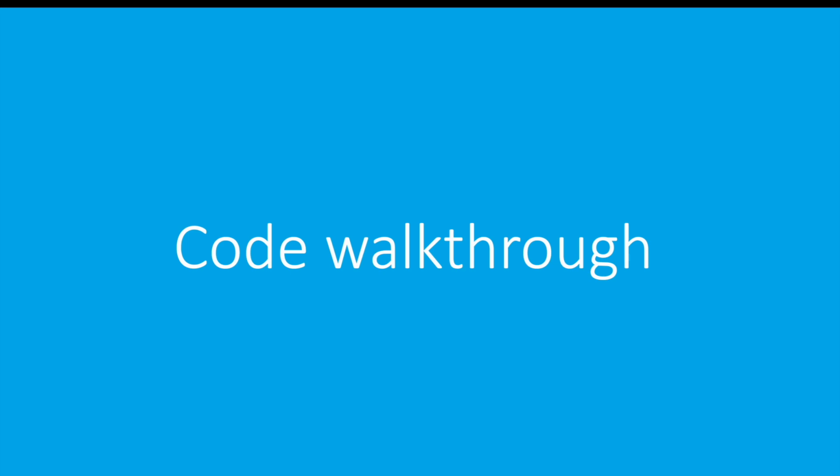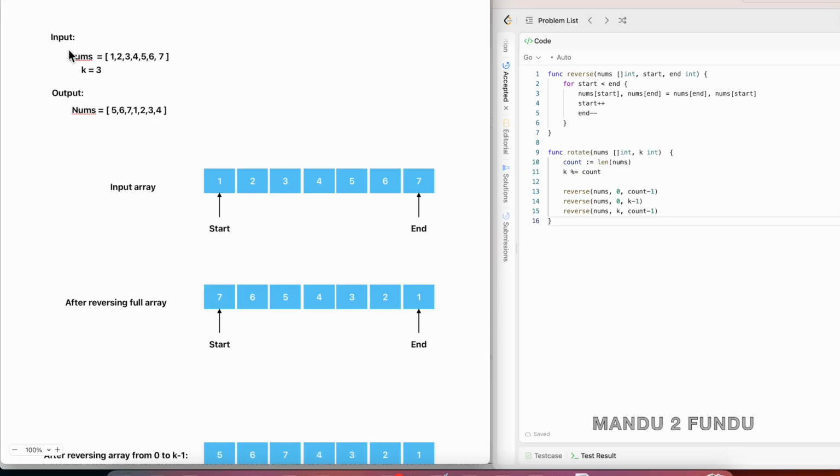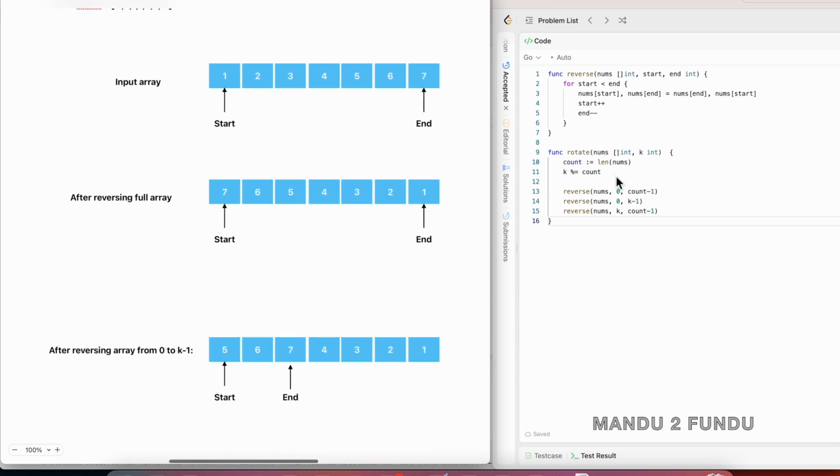Let's do the code walkthrough with sample input. Let's use this input for the code walkthrough. So the nums array has 1, 2, 3, 4, 5, 6, 7, and we have to shift 3 times. So this is the initial input array. In the rotate function we initialize the count to 7, the total number of elements, and then we do k modulo count.